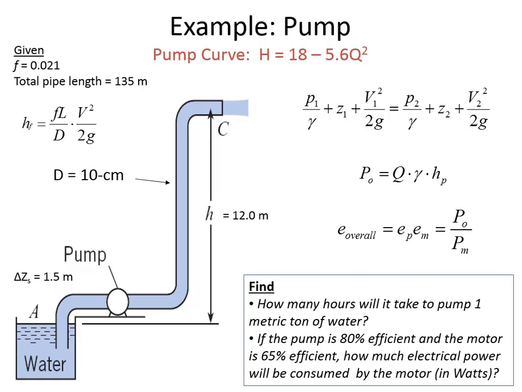So 1,000 liters, and if we're doing it at 15.5 liters per second, it's not going to be measurable really in hours. It's only going to take 64.7 seconds. So in terms of hours, if there's 3,600 seconds in an hour, it's going to be 1.8 times 10 to the minus 2 hours.